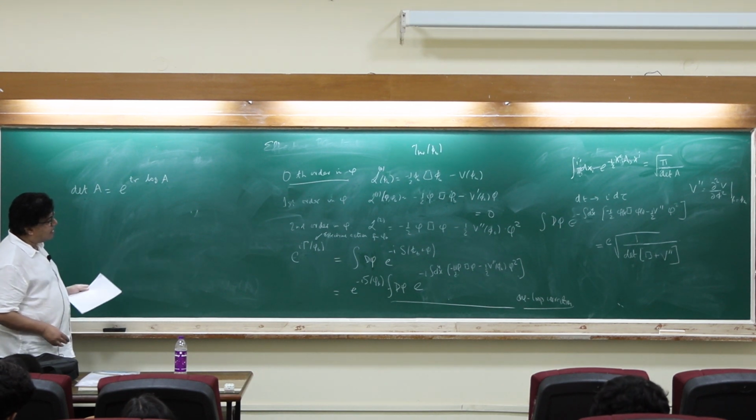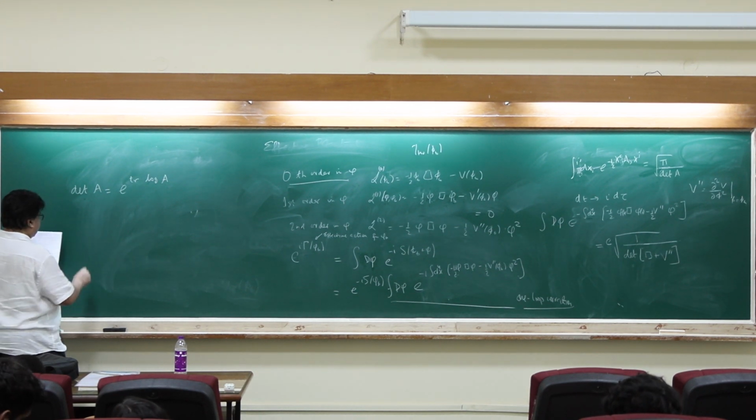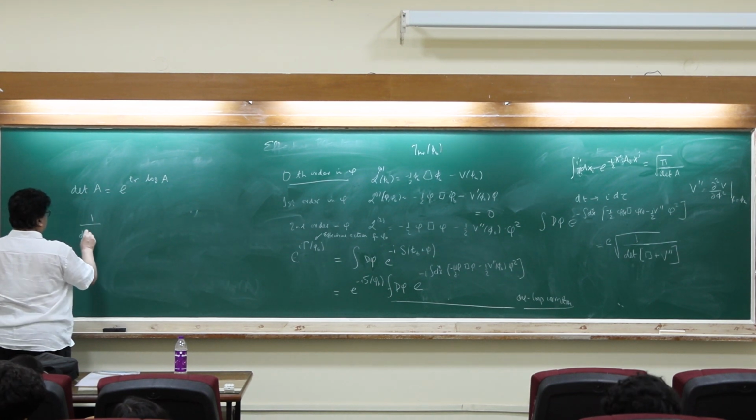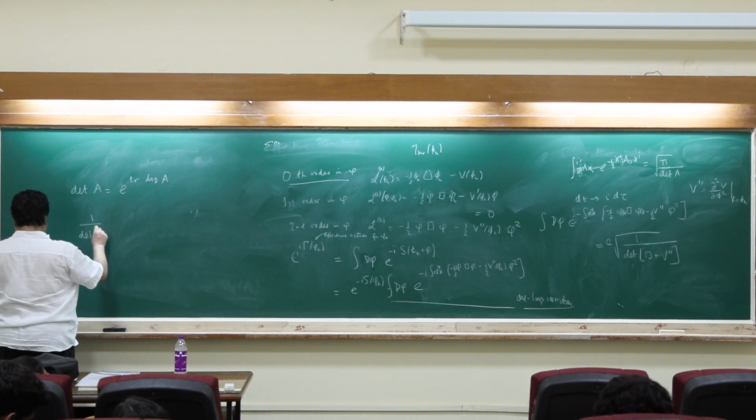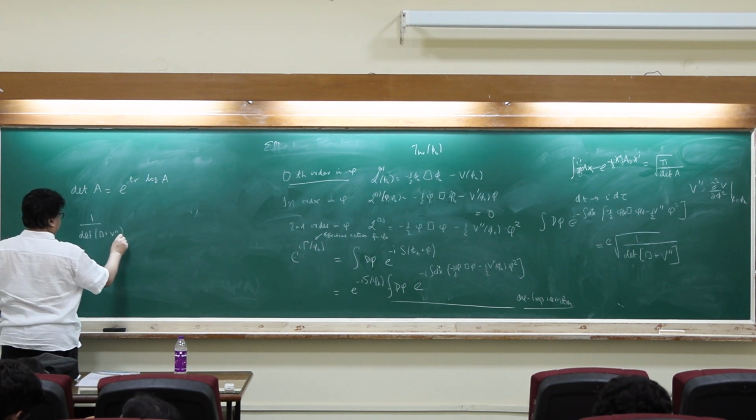So I use that here, and then what I get is 1 upon the determinant of this operator box plus V double prime.